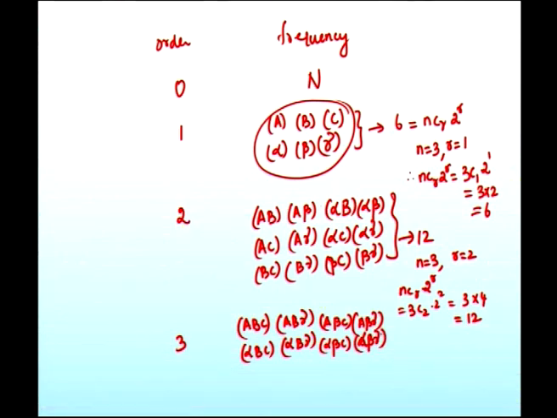How many are there? 8. How is this 8 arrived? Again, n is equal to 3, r is equal to 3, nCr into 2 power r is 3C3 into 2 cube, which is equal to 8.